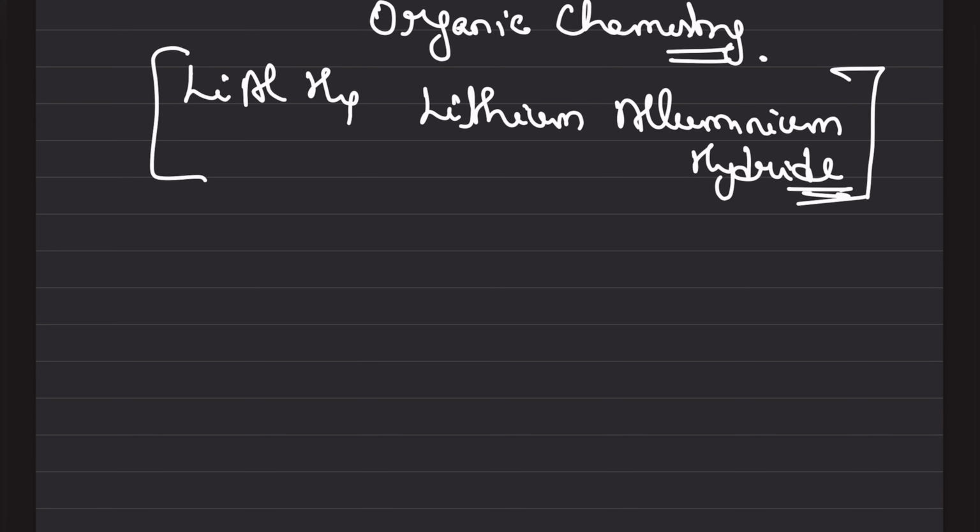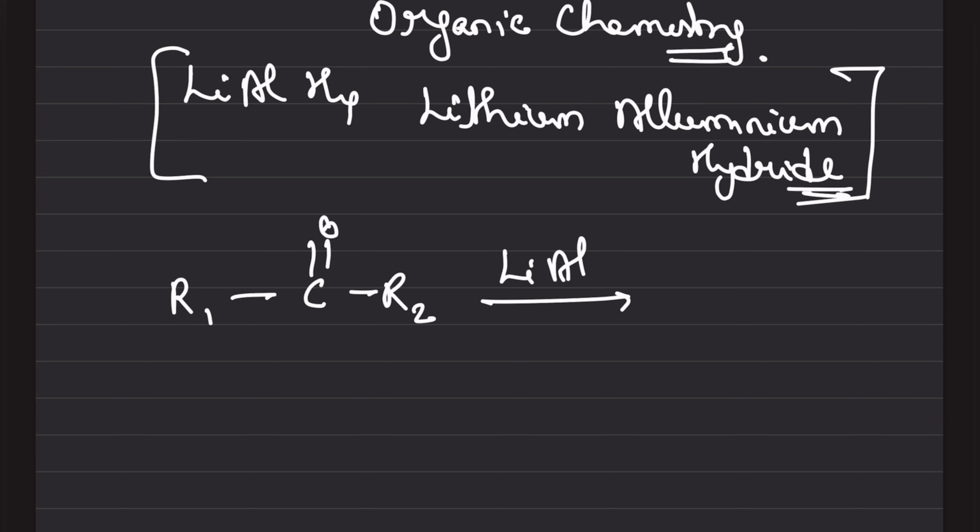In this lithium aluminium hydride, suppose that a ketone R1COR2 is there in a particular reaction, and it is asked that we are reducing with the help of LiAlH4. It is a reducing agent. LiAlH4 is a reducing agent.